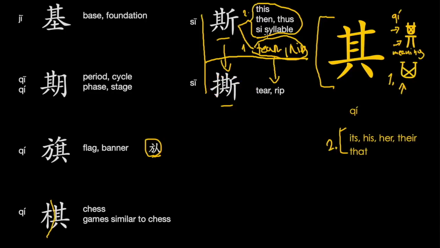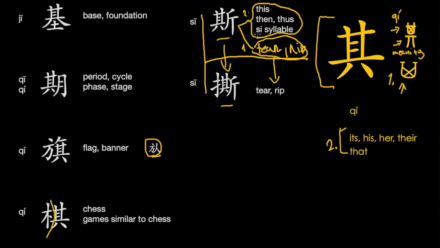Just to summarize what was said here, this character over here originally meant to tear, to rip. It was made of two elements, the phonetic element qi, which was telling you how to read it, and the semantic element axe, which was telling you that it meant to rip and to tear.